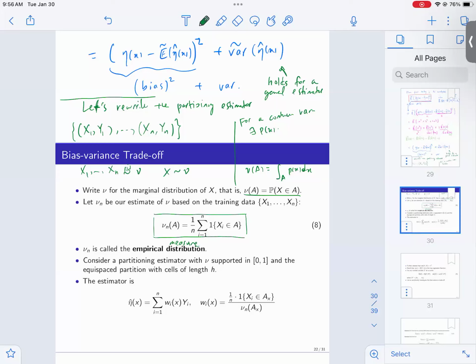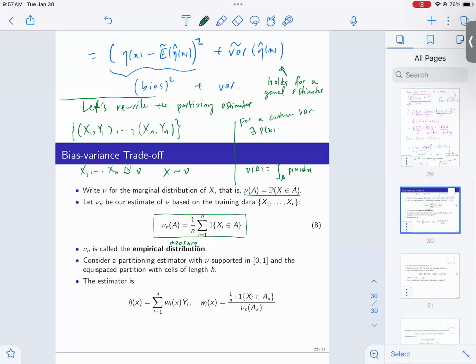Hopefully you remember that all the things we were doing are based on this approximation. So this empirical distribution, or the nu_n of A, let's put an n here just to emphasize that this is an estimate. You can put a hat on it if you want, to emphasize that it's an estimate. This is a good approximation of nu of A by a certain well-known fact.